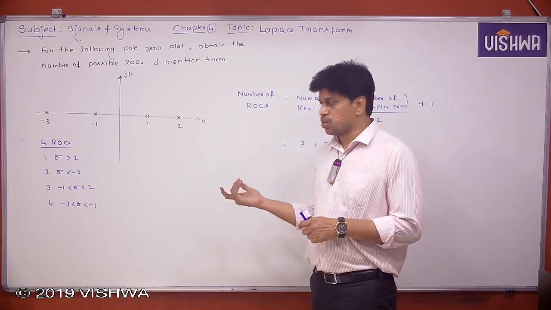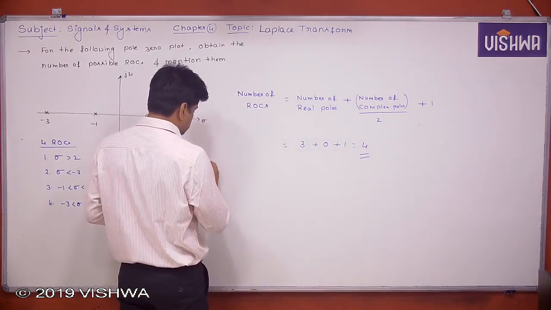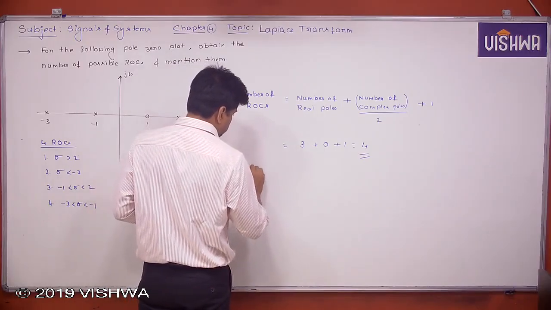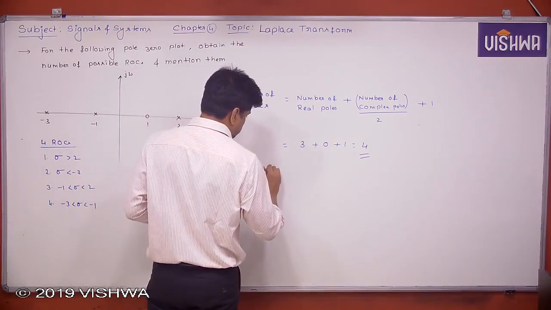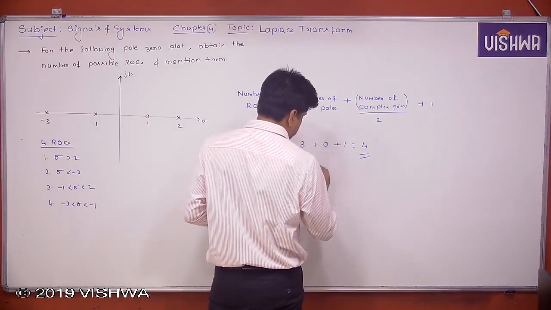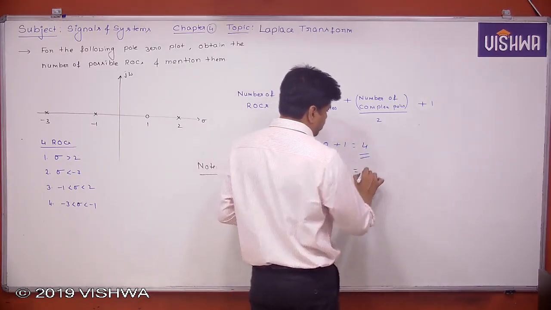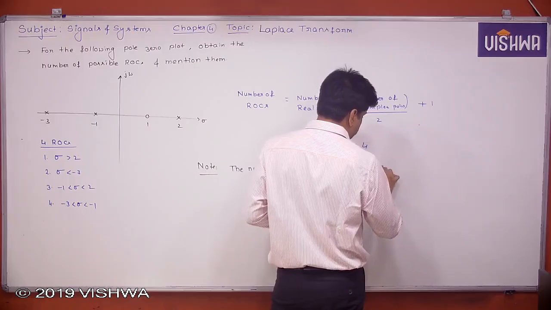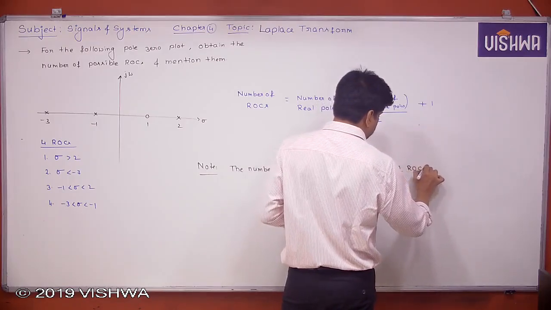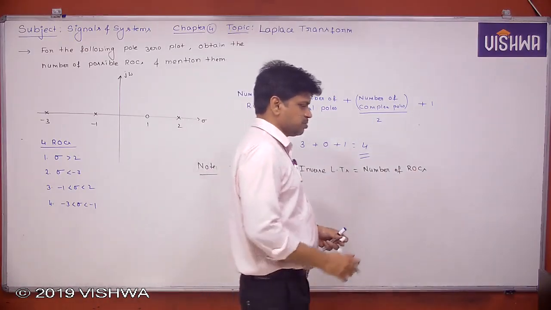Note this observation point: the number of inverse Laplace transforms is equal to the number of ROCs. So that's what you have to remember. Clear? Take it.